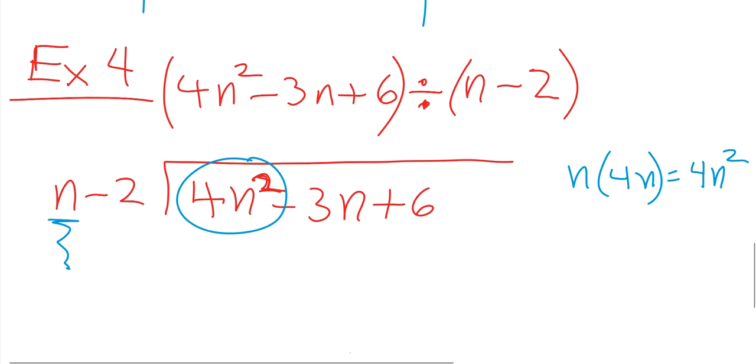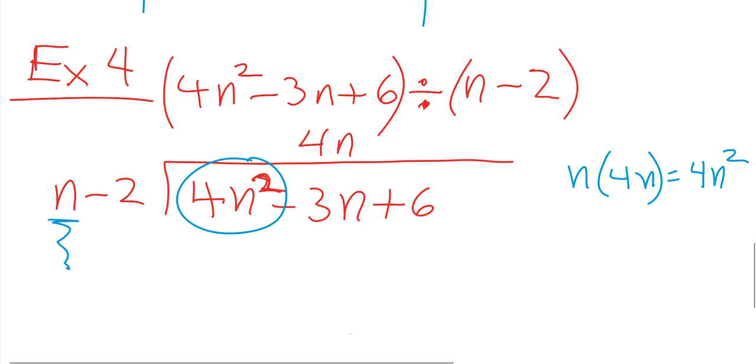So it goes in 4n times. We write that right up above there. We write the 4n above the 3n. The n's go above the n's.